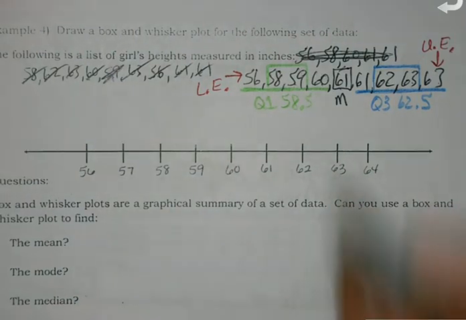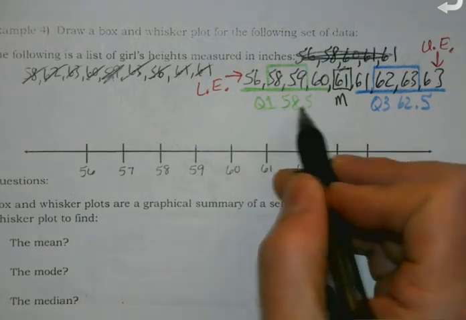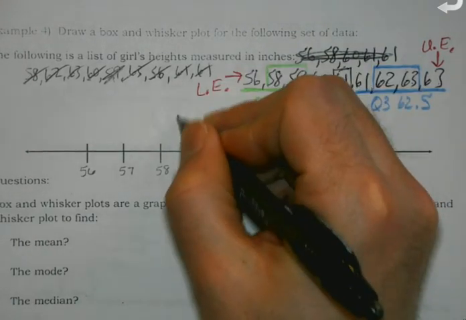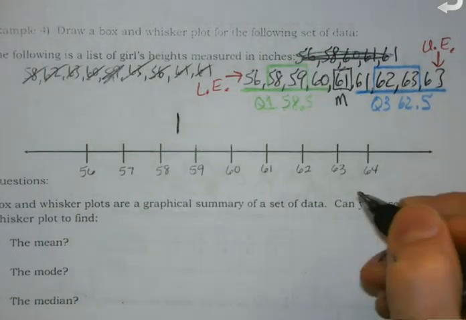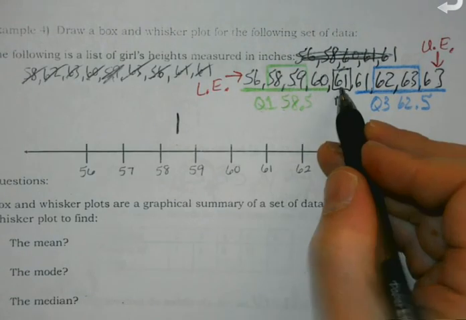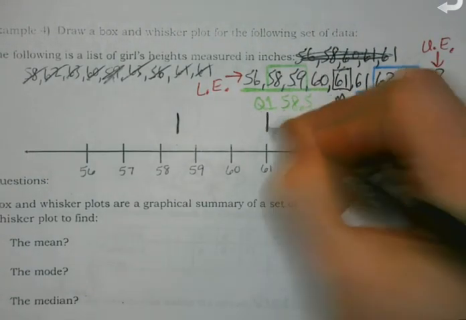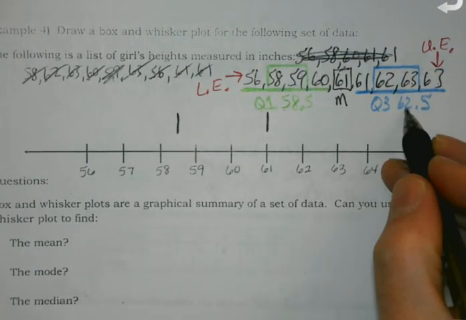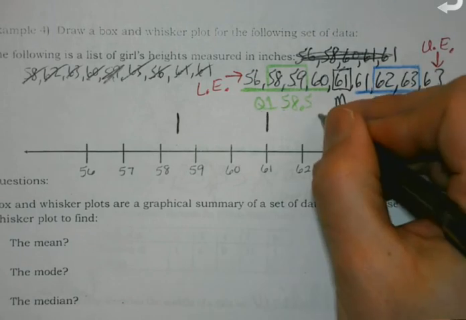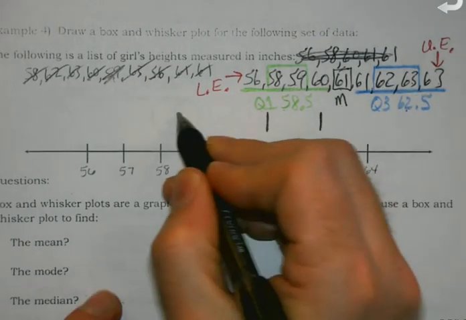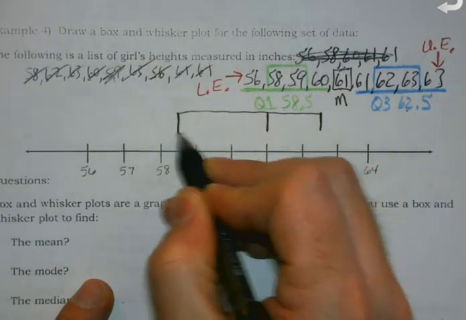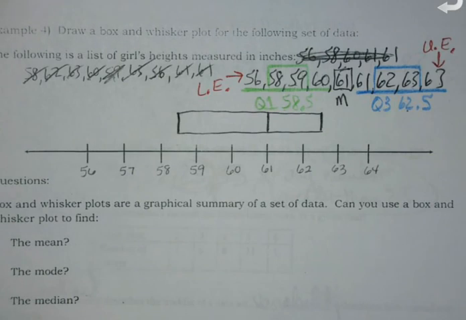Because again, I'm going to take my first quartile, 58.5 or thereabouts, my median, 61, and my third quartile, 62.5, and make a box.